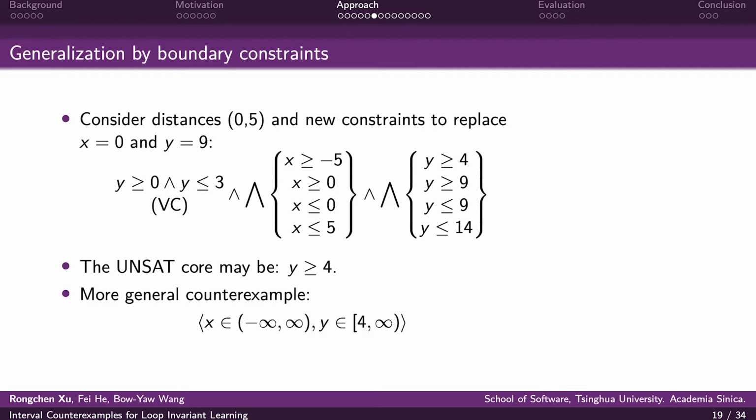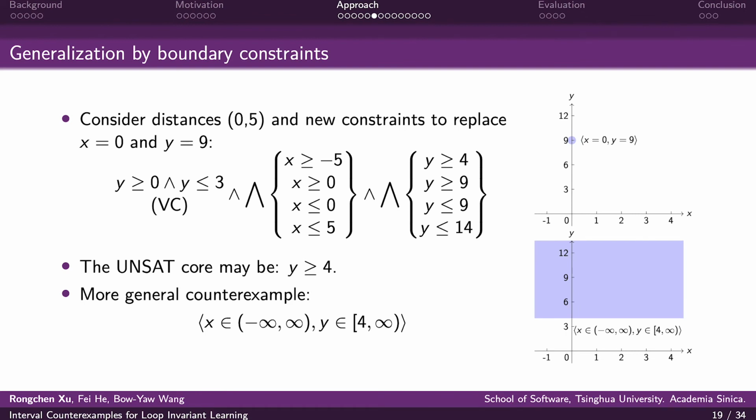So we say our generalized interval counterexample now is x in the range of negative infinity to infinity and y in the range of 4 to infinity. In this figure, we can see that the original single program state counterexample has been extended to a block-shaped program state set.